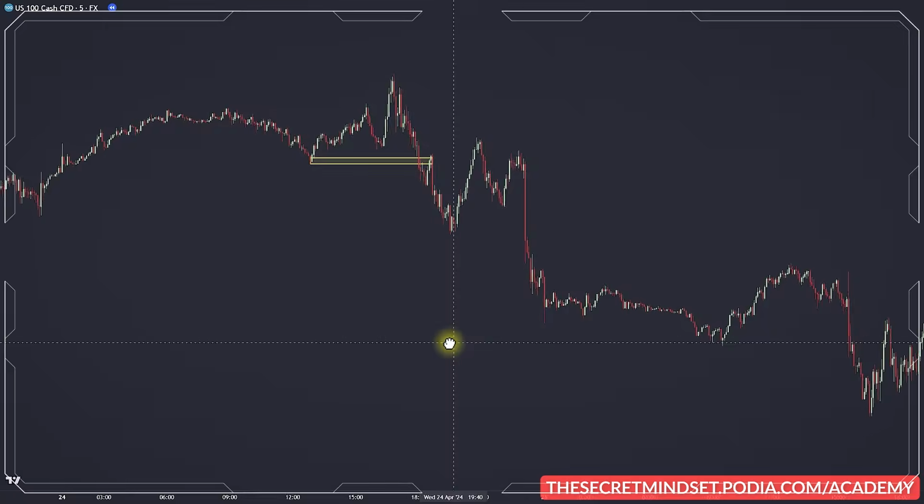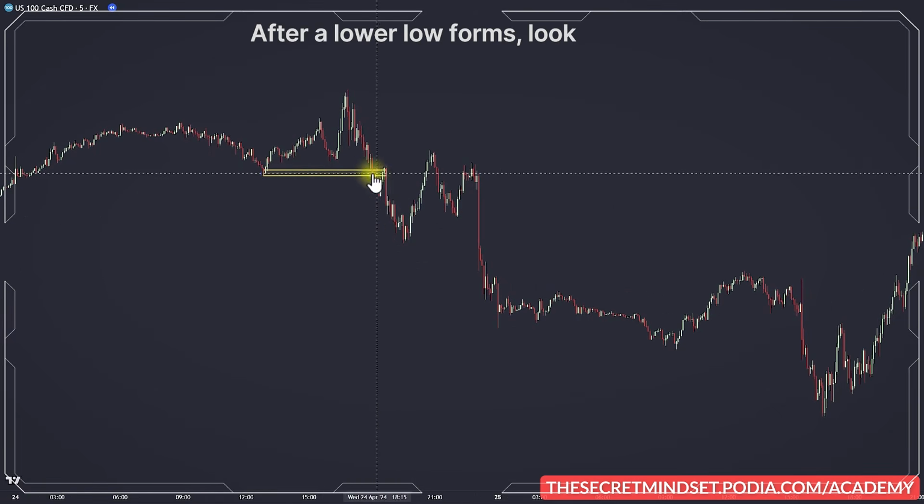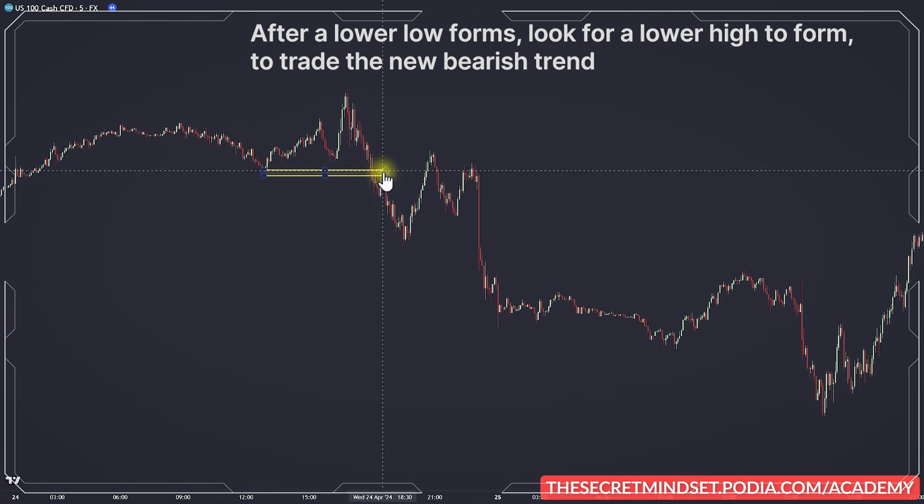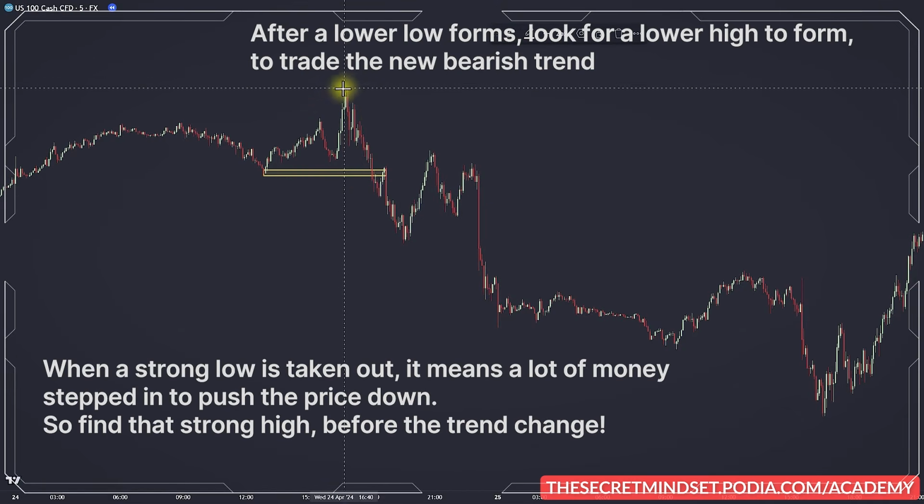I like to keep it simple. As soon as I see that lower low form, I consider it a trend change. I then look for the lower high to form so I can trade the new bearish trend. This links back to our strong and weak highs and lows concept. When a strong low is taken out, it means a lot of money stepped in to push the price down.